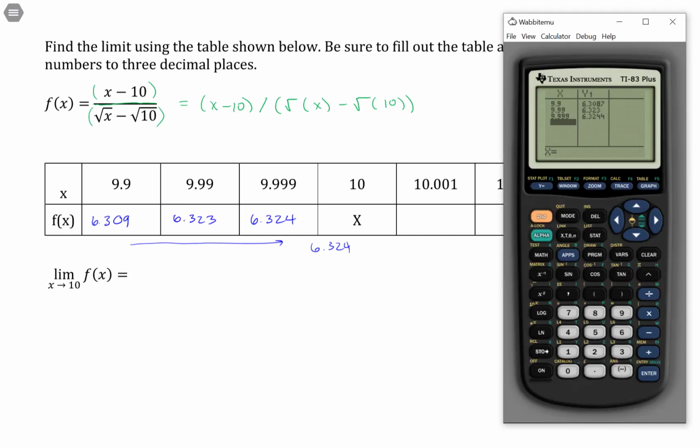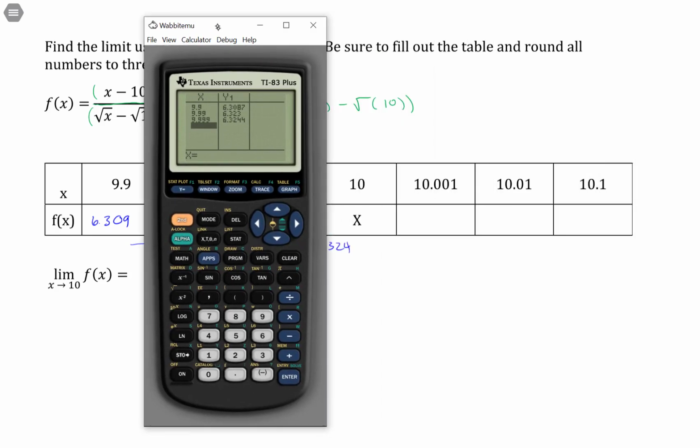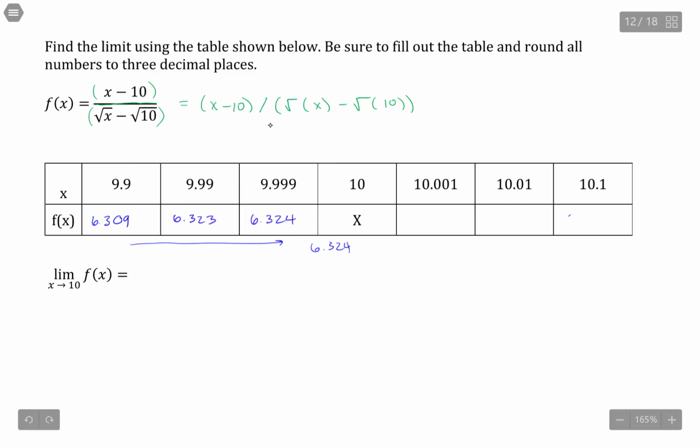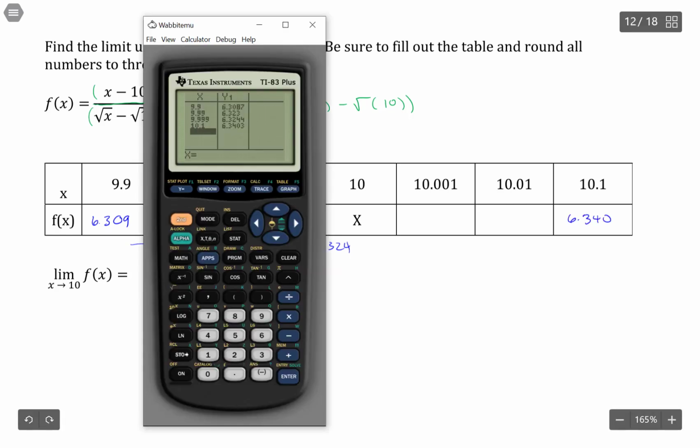Let's see what happens on the right hand side of this limit. So if I switch over and I start putting in 10.1, that's 6.340. And then 10.01 gives me 6.326.